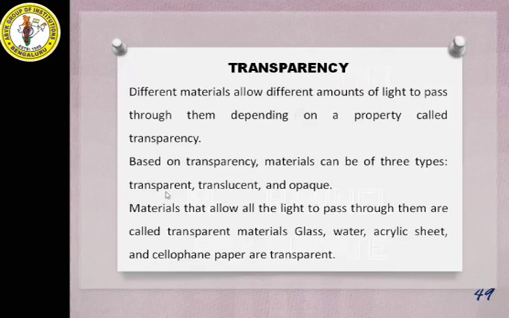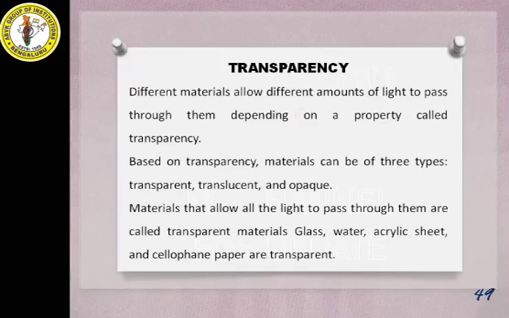Materials that allow all the light to pass through them are called transparent materials. Examples: glass, water, acrylic sheet and cellophane paper are transparent.